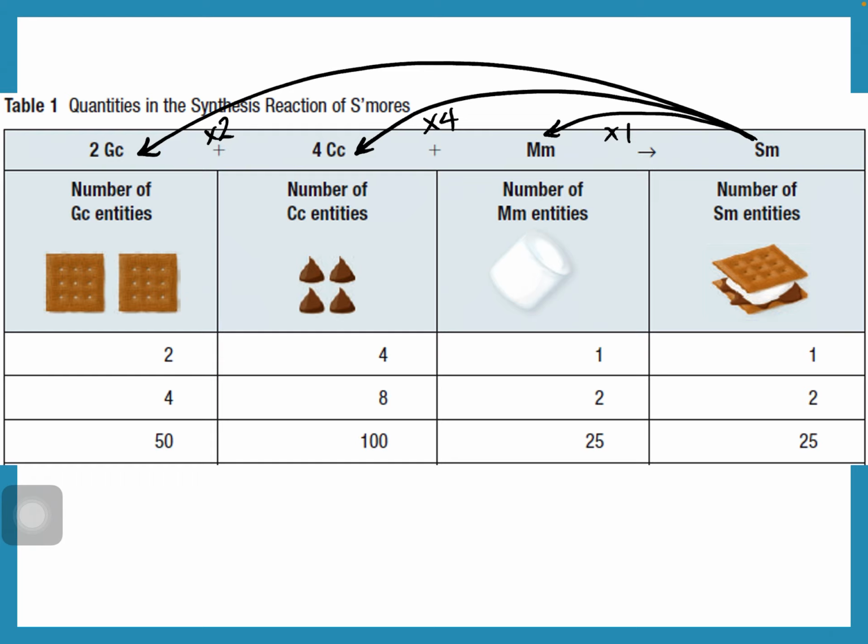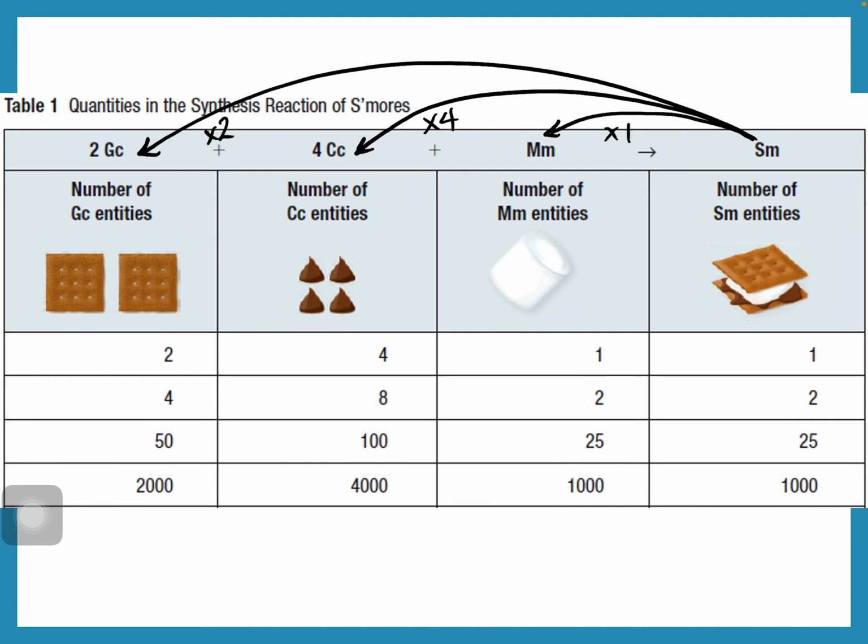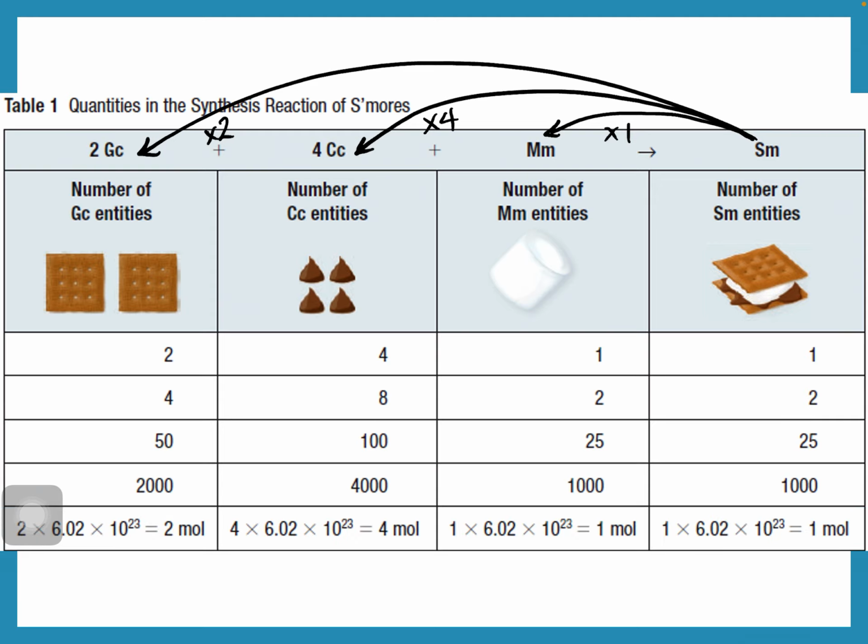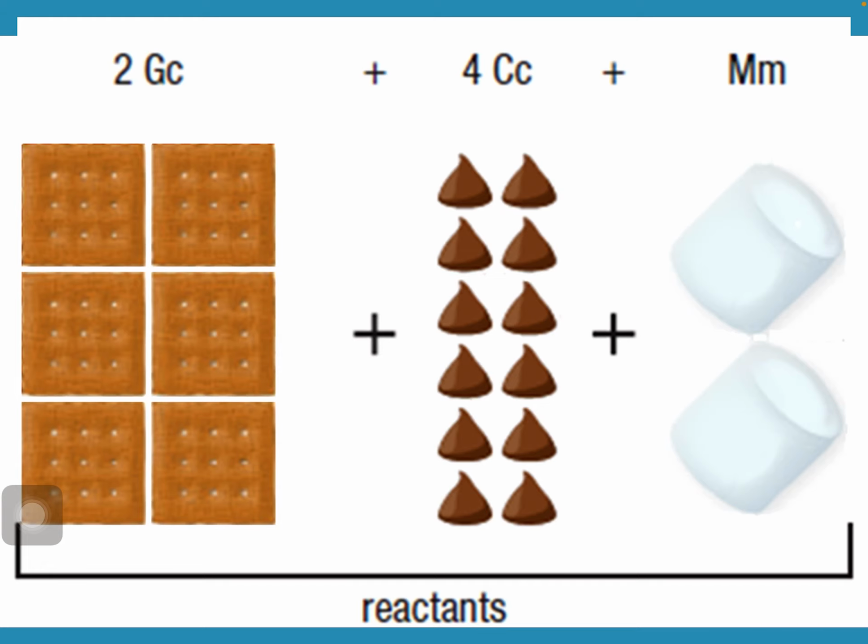If I'm making 25 s'mores, 25 marshmallows, 100 chocolate chips, and 50 graham crackers. 1,000 s'mores, I would need 1,000 marshmallows, 4,000 chocolate chips, and 2,000 graham crackers. And if I'm making 1 mole of s'mores, I would have 1 mole of marshmallows, 4 moles of chocolate chips, and 2 moles of graham crackers.